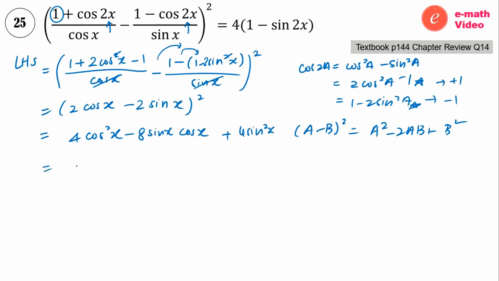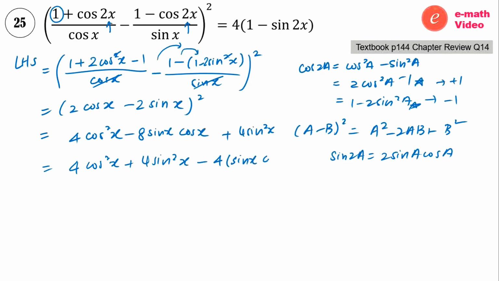Equals to, rearrange it. 4 cos square x plus 4 sine square x minus, this one is very familiar, right? We know that sine 2a equals to 2 sine a cos a. So we can factor it into 4 times, sorry, 4 times 2 sine x cos x equals to 4.